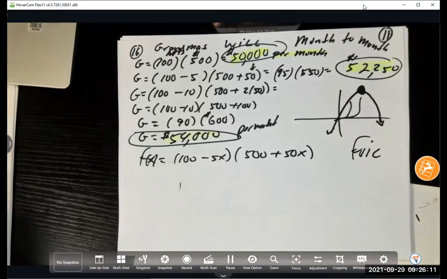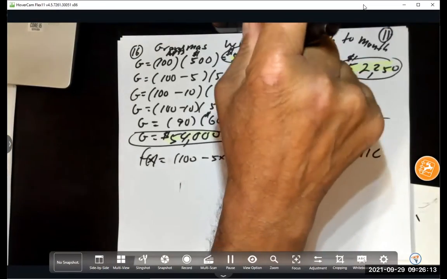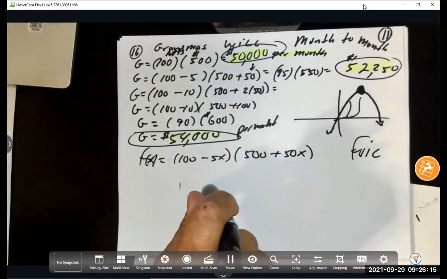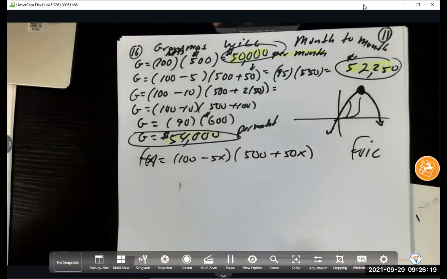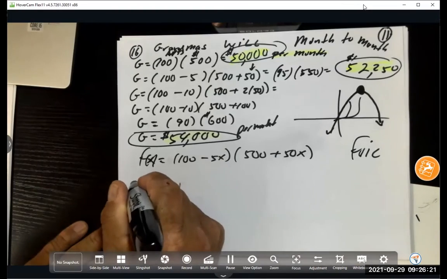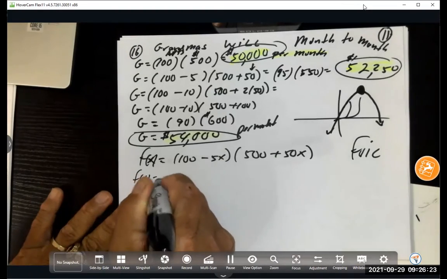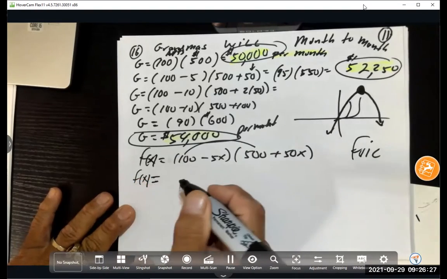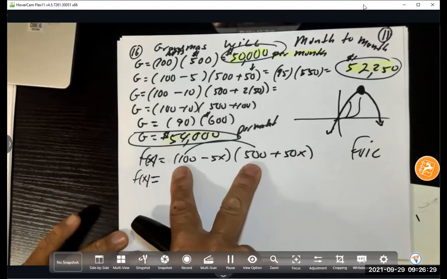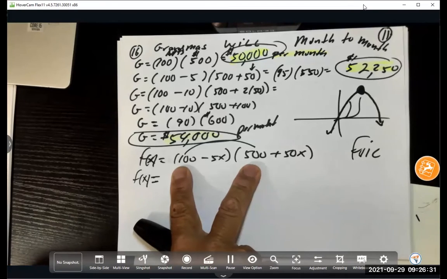I don't want to go more, then I lose money. Then I have to go backwards. I don't want to do that. I just want to find out right now what can I charge to get the most money. So here it is. F of x is FOILed. Ready? 100 times 500. Somebody tell me the answer. What's 100 times 500? 50,000.